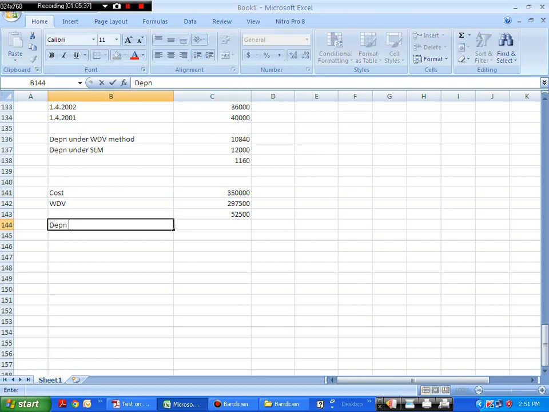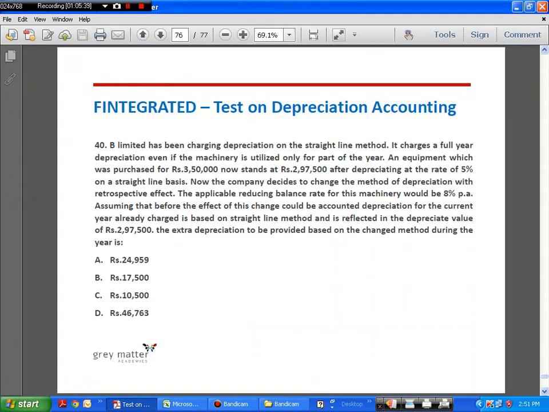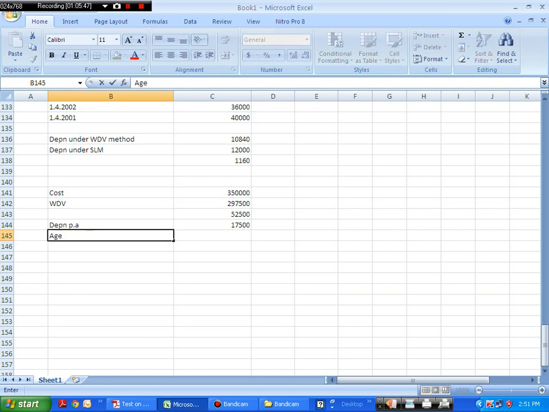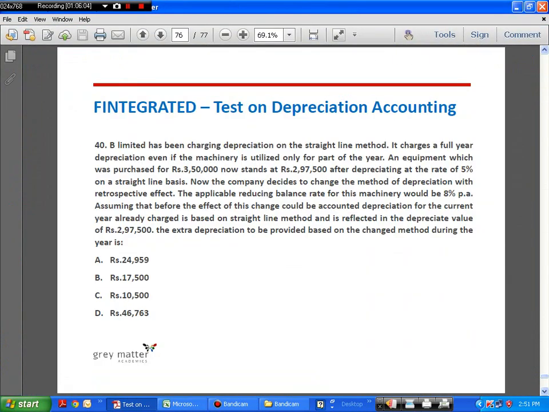The depreciation per annum is 3,50,000 into 5%. Right, which means the asset has already been depreciated for 3 years under the straight line method.